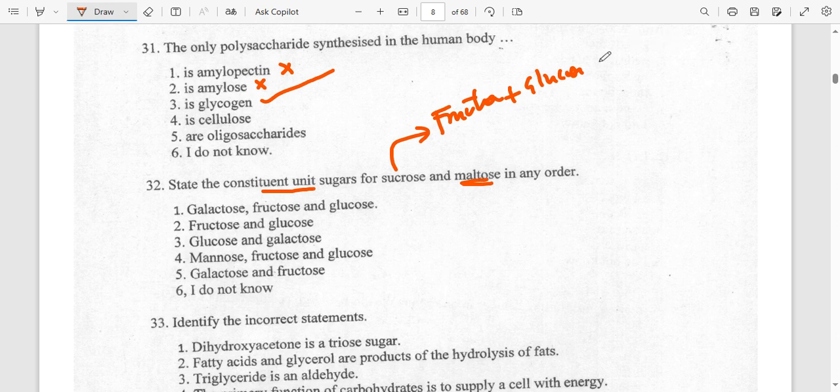Maltose is going to have glucose and glucose. So these are the constituents of these three guys. So it's fructose and glucose. Okay. So galactose is not there. Fructose and glucose, this is true. Glucose and galactose, no. Mannose, no. Galactose and fructose, no.